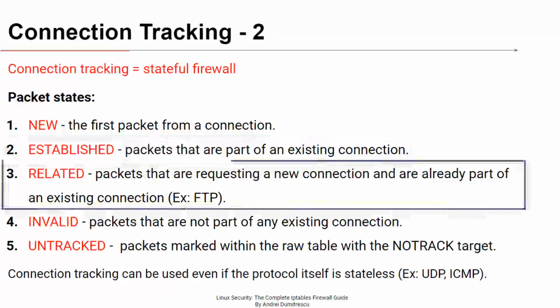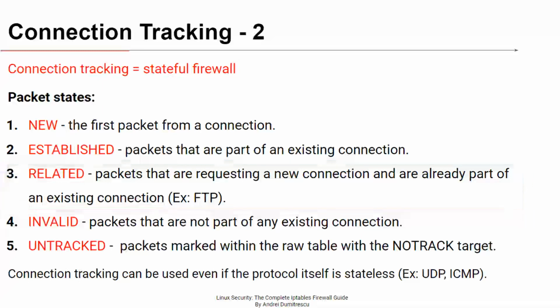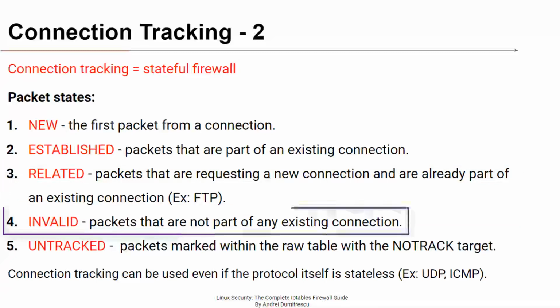Related packets are those that are requesting a new connection but are already part of an existing connection, such as FTP data transfer or an ICMP error. In general, it's good practice to accept these packets. An invalid packet is not part of any connection in the connection tracking table.